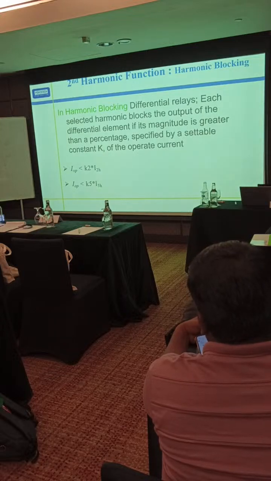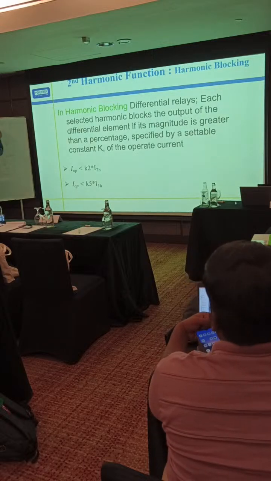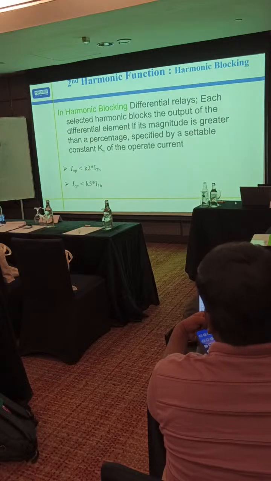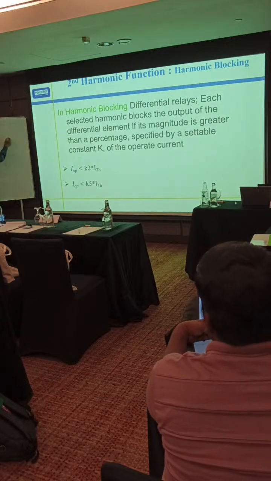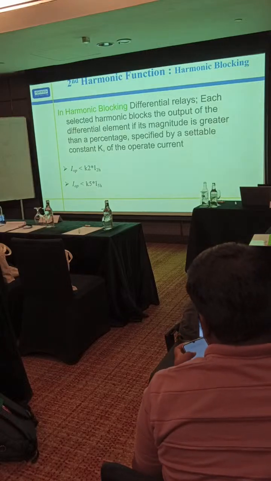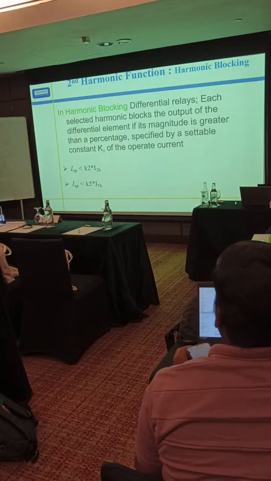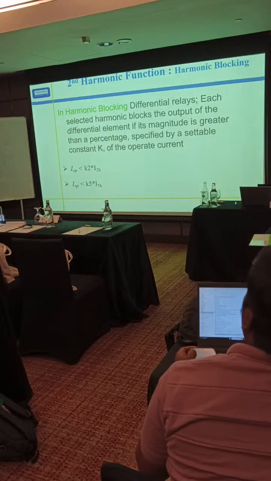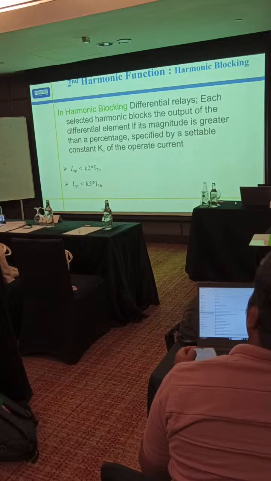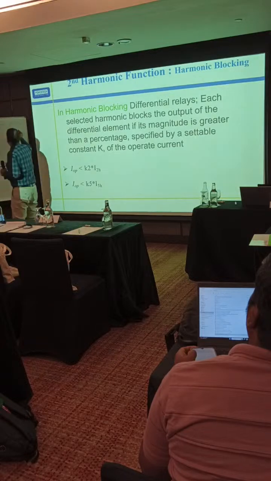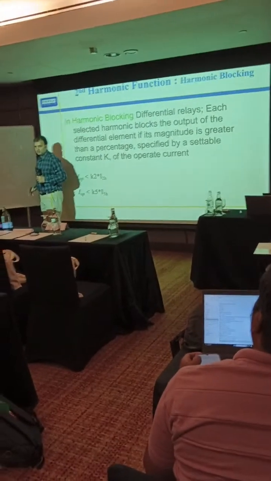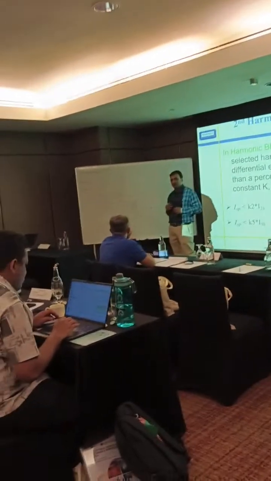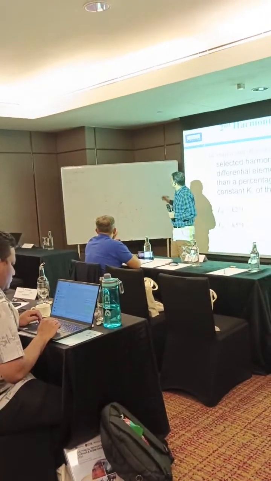So suppose this current, if we have 0.5, then at which current should it trip? Suppose 0.5 is fundamental current, then at which current should it trip? At point 2?